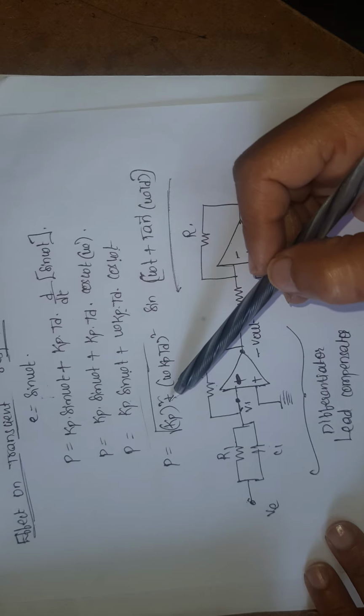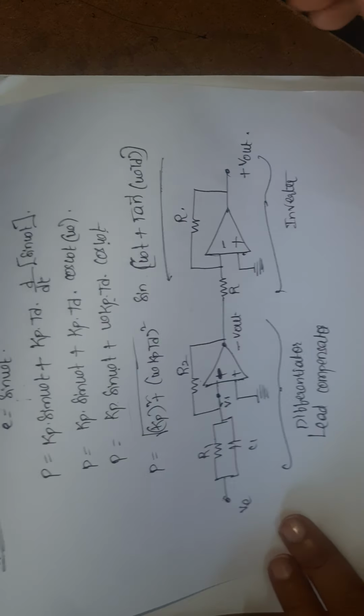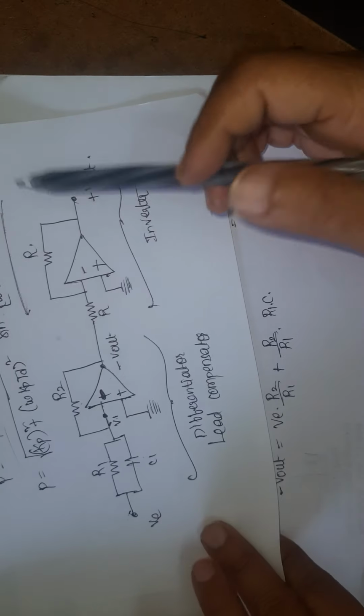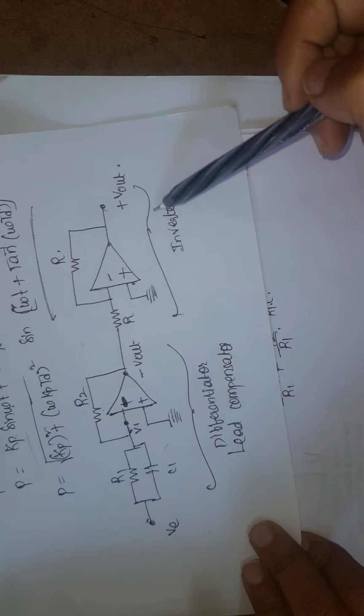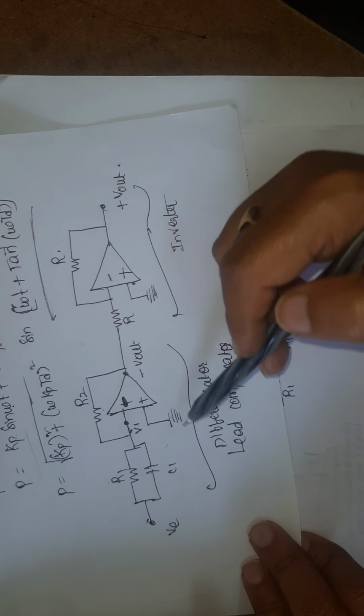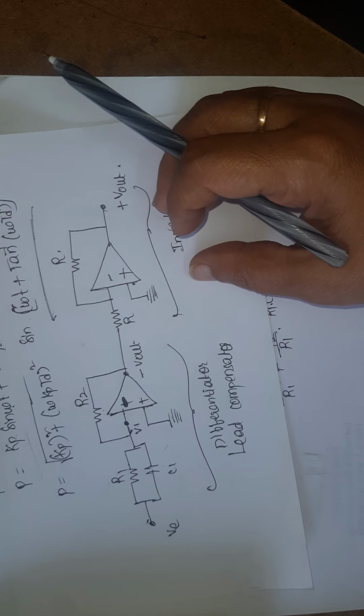So it will be expanded like square root of a square plus b square into sine of omega t plus tan inverse b by a.